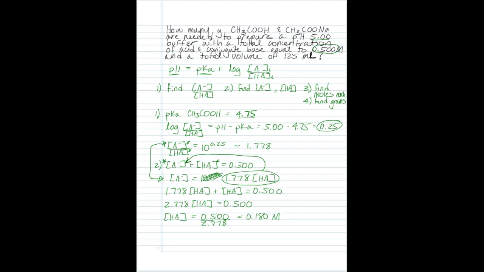Now I can use one of my first two equations, one of my start equations up there, to calculate what A minus is. Both are pretty simple, but the second start equation here is telling me that A minus should equal 0.500 molar minus 0.180 molar, because the two have to add up to 0.5.